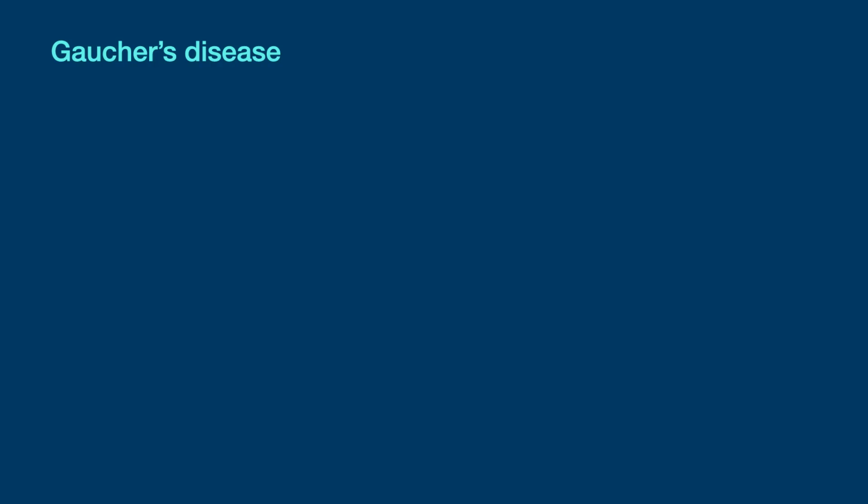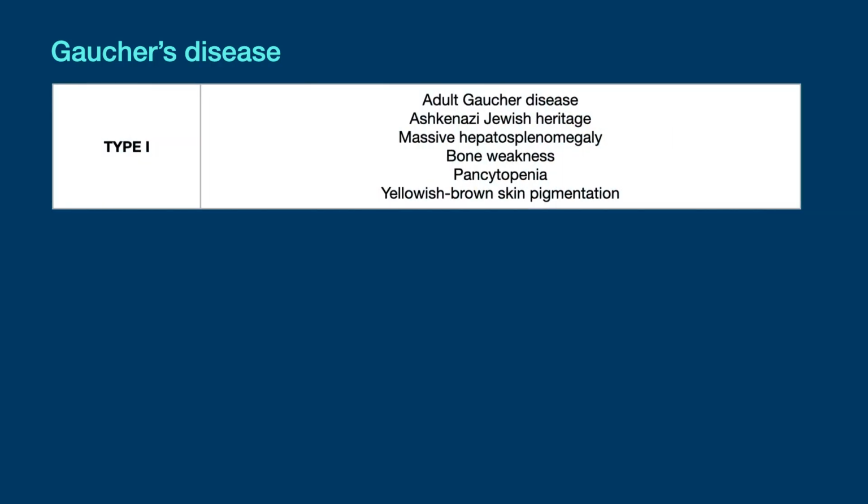The types include type 1, which is called adult Gaucher's disease, seen in Ashkenazi Jewish heritage, with massive hepatosplenomegaly, bone weakness, pancytopenia, and yellowish-brown skin pigmentation.